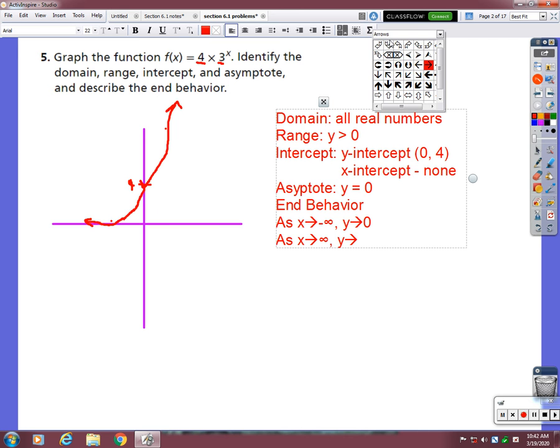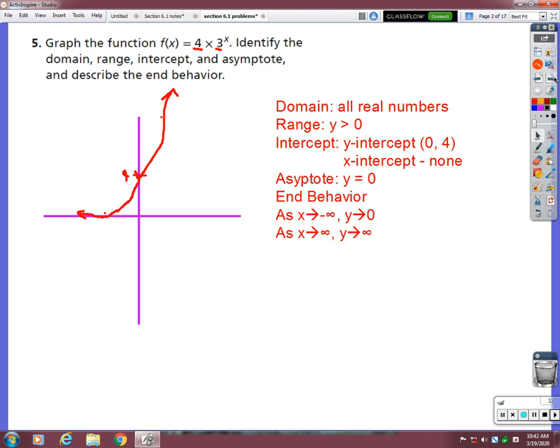And again, you see that from looking at the graph. When we go this way, the graph gets closer and closer to 0. When we go this way, the graph goes up forever. All right, so that's number 5.